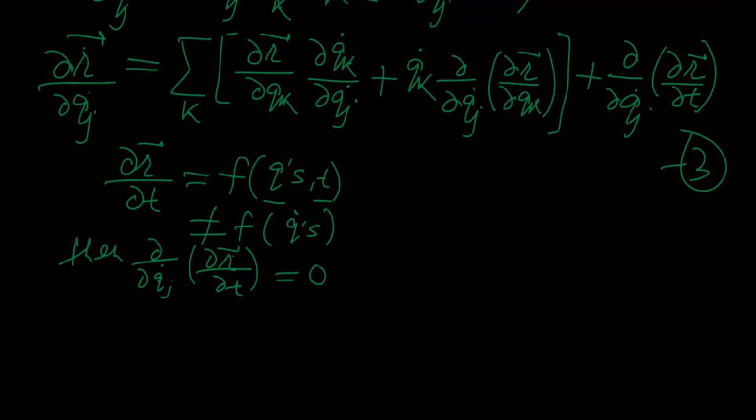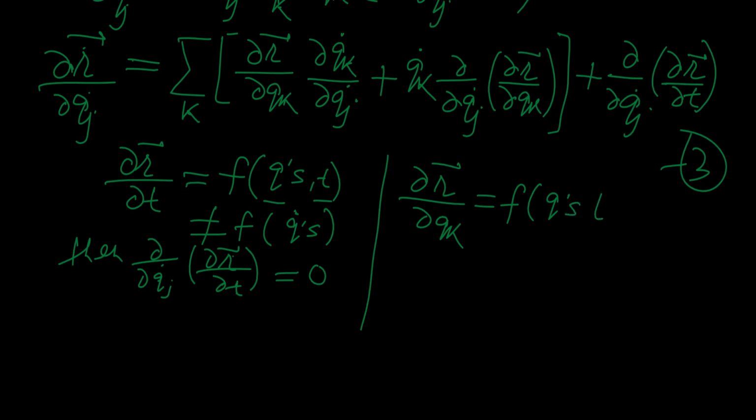Now again you see here this ∂/∂q̇j of ∂r/∂qk. In fact, this is also a function of different values of generalized coordinates q1 to qf and possibly time, and it is also not a function of q̇.